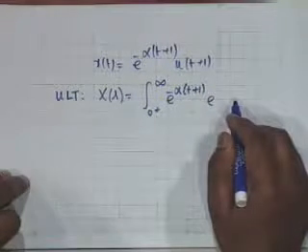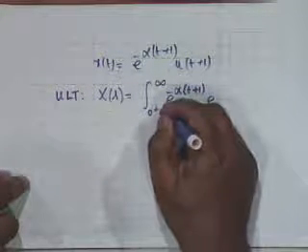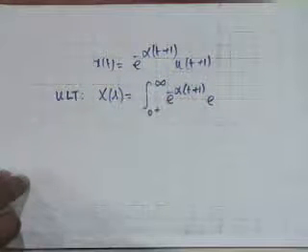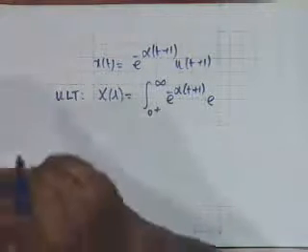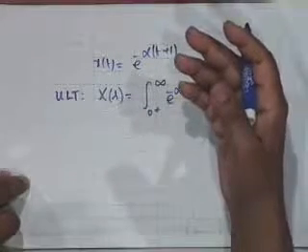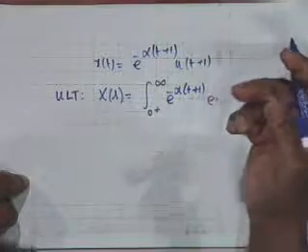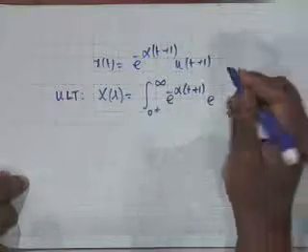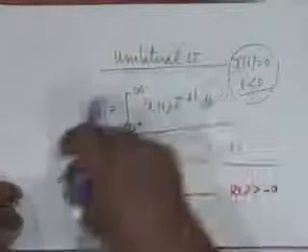So what will be from minus 1 plus? Yeah, the unilateral Laplace transform is defined with 0 plus as the lower limit. This is the definition. It doesn't start from t equal to minus 1. If it starts from t equal to minus 1, obviously then it's bilateral. So we are given the condition for the unilateral Laplace transform that x equals 0 for t less than 0.